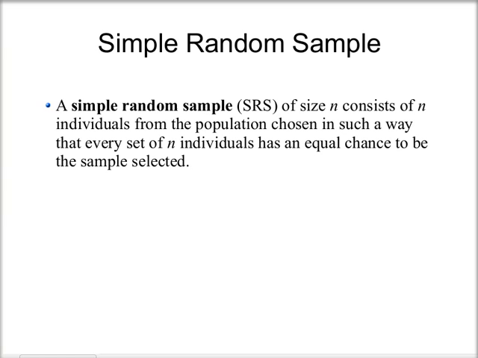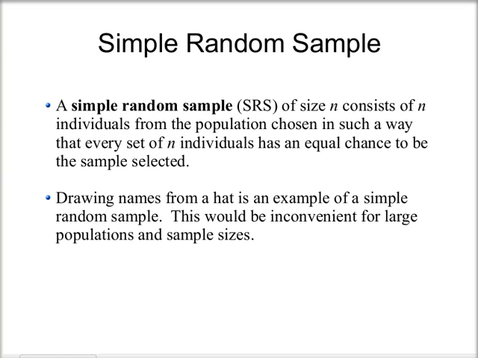In that case, drawing names from a hat is an example of a simple random sample that would work for that class. But this will be inconvenient for large populations and sample sizes, so I want a better way.